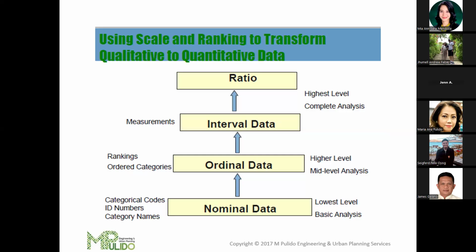Earlier I responded to a survey about gender equality.